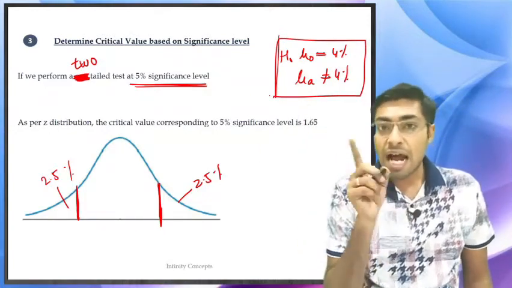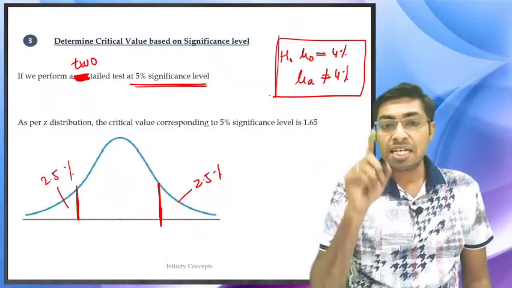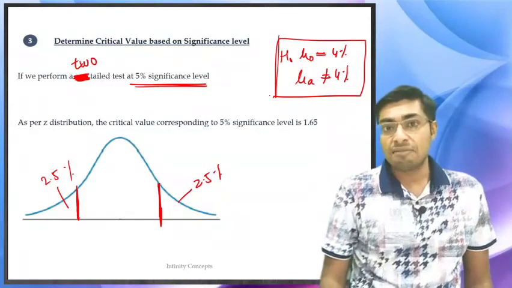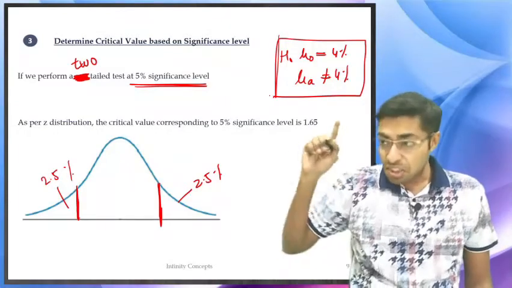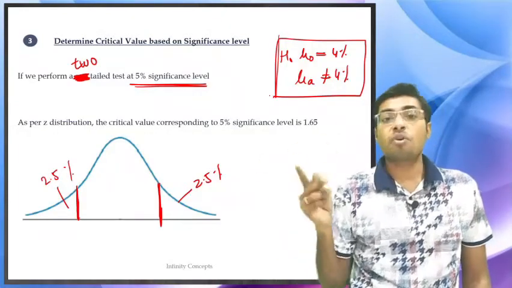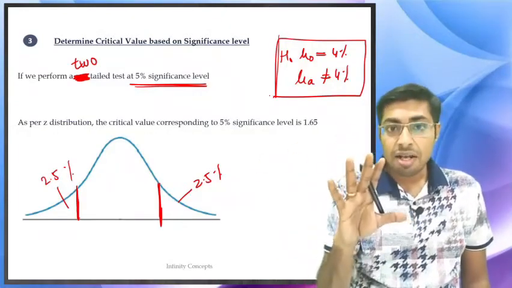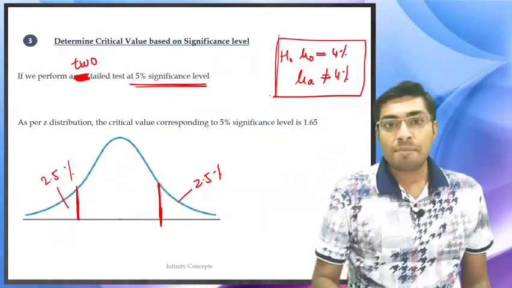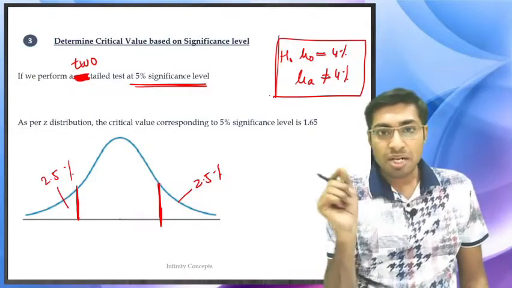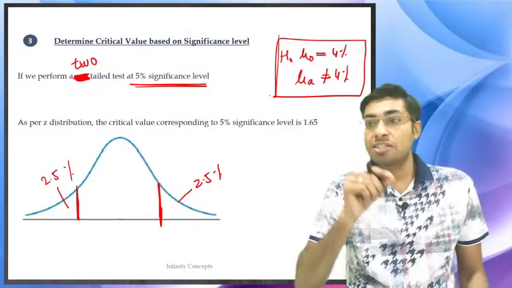And now if they are asking you to perform the test with a 5% significance level, then automatically in your mind you should understand that this is a two-tailed test. They have asked for a 5% significance level. It means that under one tail there will be only 2.5%. In the exam, the question will not mention that this is a two-tail test.